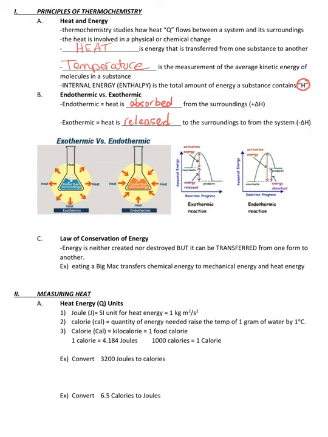For exothermic, you can see the arrows going away from the system. In that case, it looks like an Erlenmeyer flask, and the system is the process going on inside the flask. So the arrows are going out away from the flask. And in the right-hand picture, the arrows are going towards the flask.